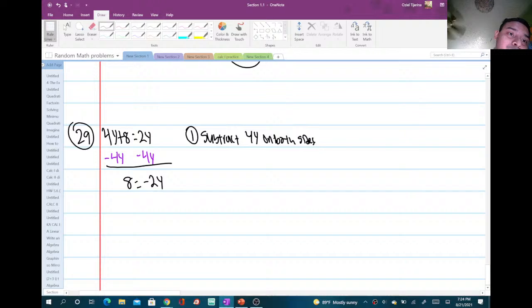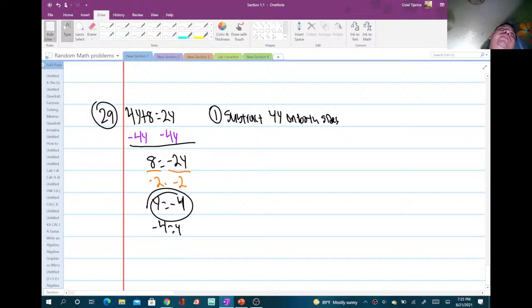Then you just divide by negative 2, and you will have y equals negative 4. It will be negative 4 equals y, but really, it will be y equals negative 4, just so it can be of that form. And that is how you do that one.